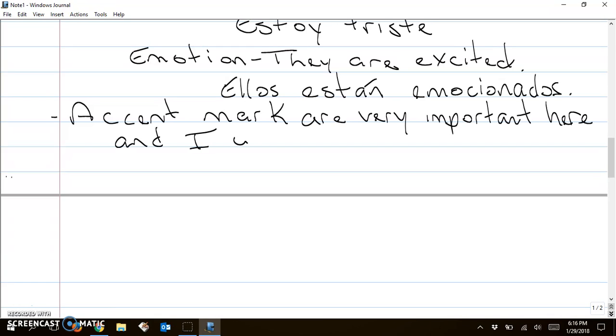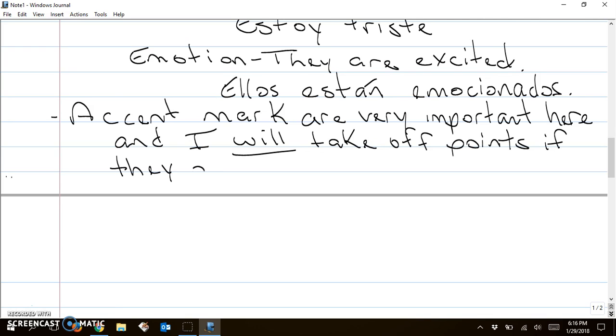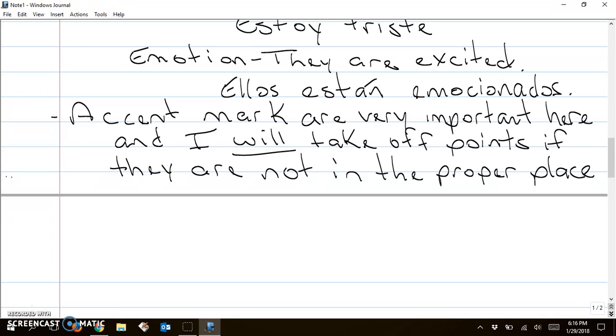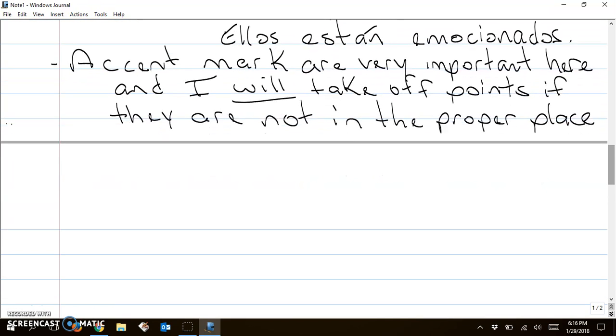And I will take off points if they are not in the proper place. Now, why am I getting so hardcore on accent marks? Well, here's why.